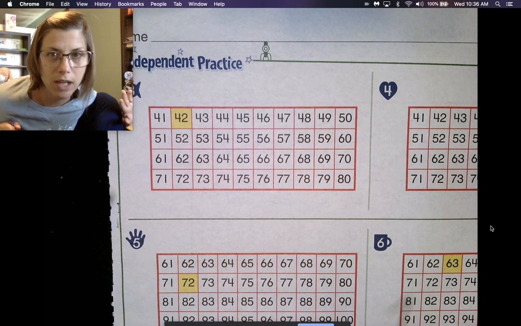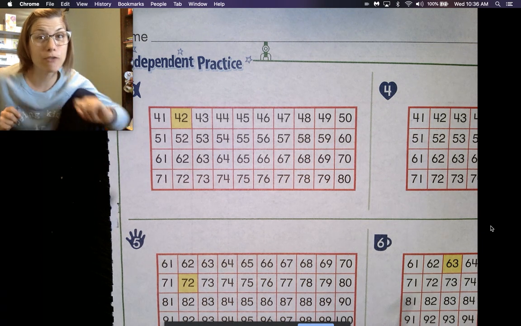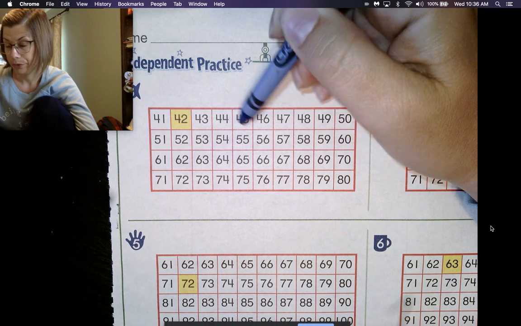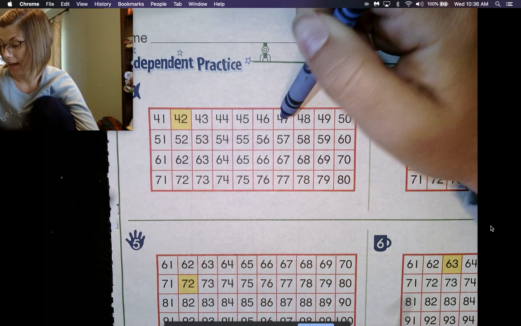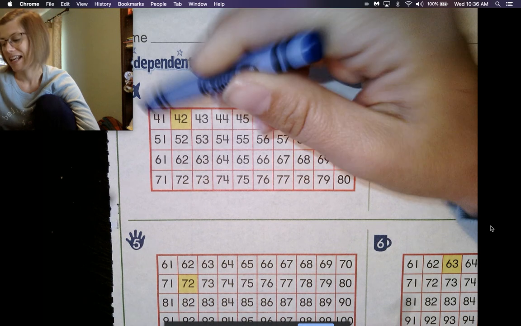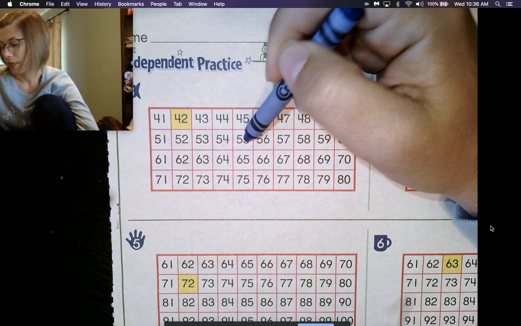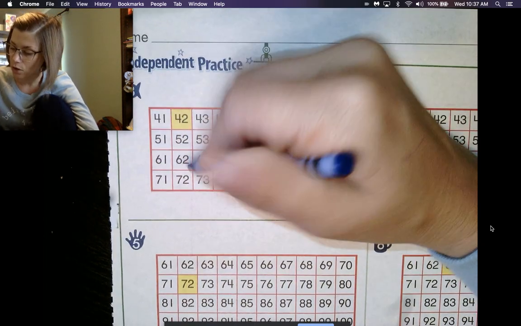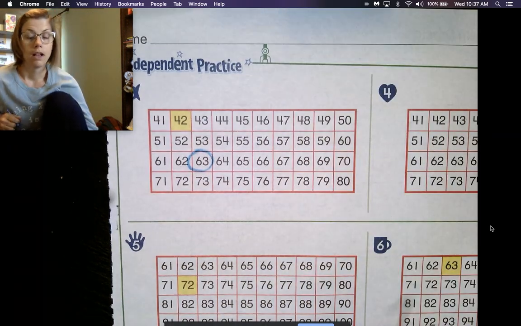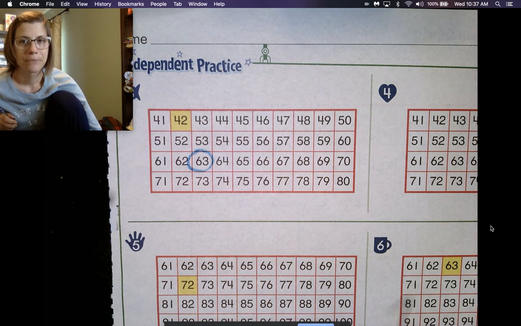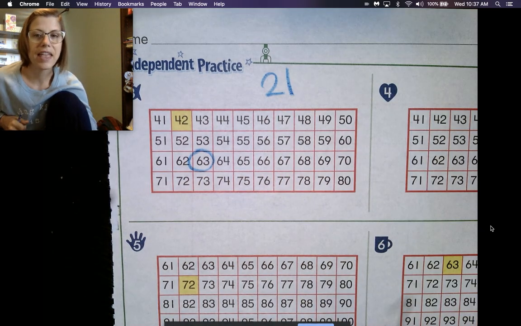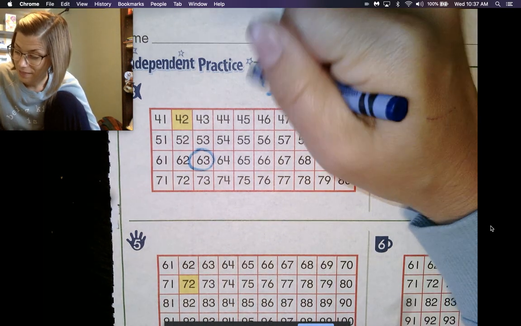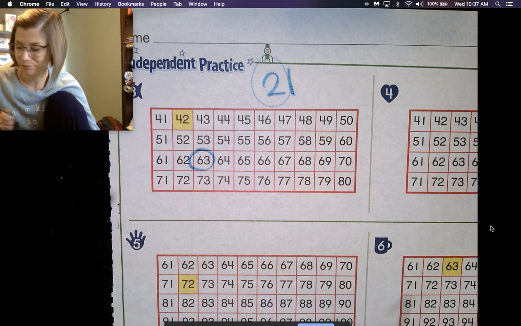Now, 21 steps could take a while if we counted them by ones. 1, 2, 3, 4, 5, 6, 7, 8, 9, 10, 11, 12, 13, 14, 15, 16, 17, 18, 19, 20, 21. I had to count all the way to 21. Is there a way that I could do that faster? Maybe if I counted the tens first.